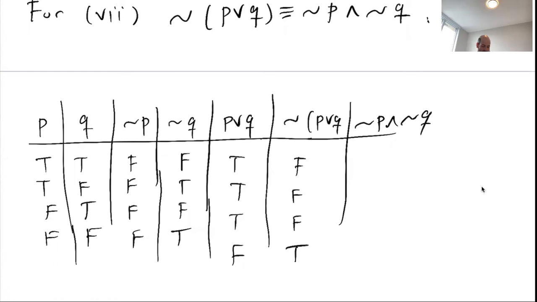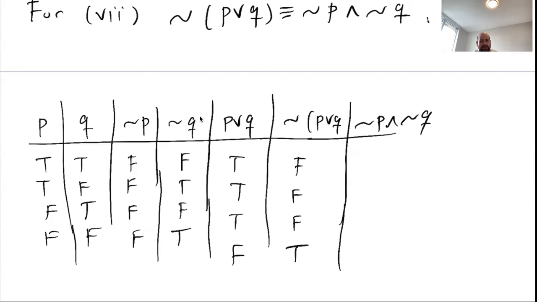And finally, negation P and negation Q. This is the column for negation P, and this is the column for negation Q. And then I want to look at negation P conjunction negation Q. One proposition conjunction another proposition: the result will always be false, except in the case that both of them are true.